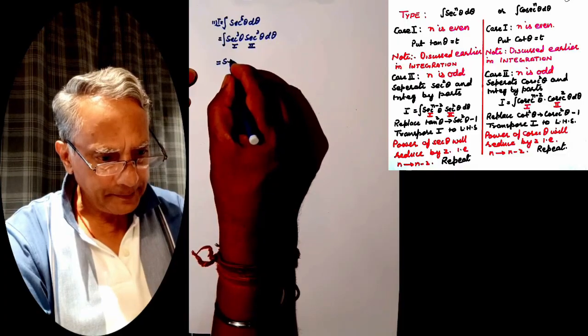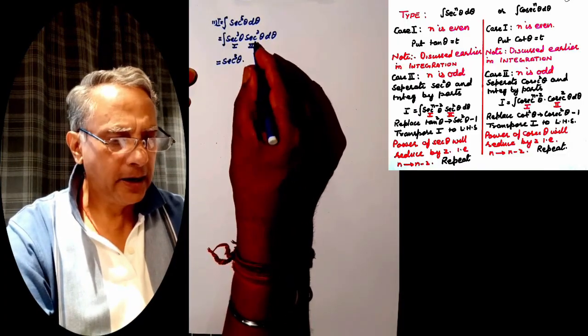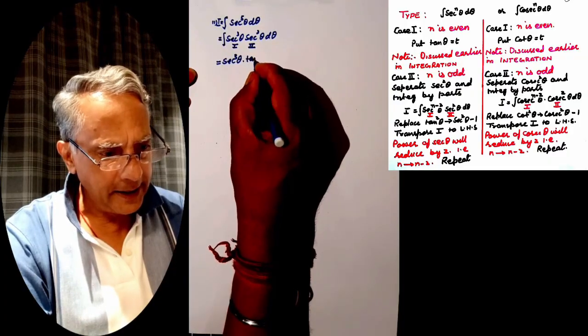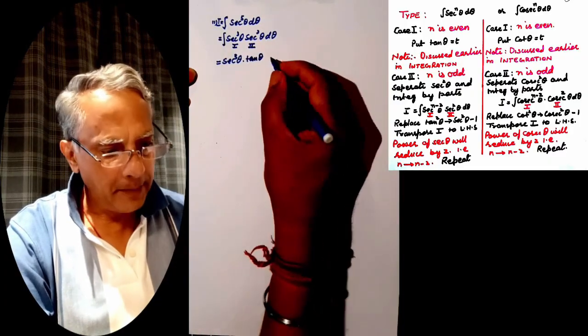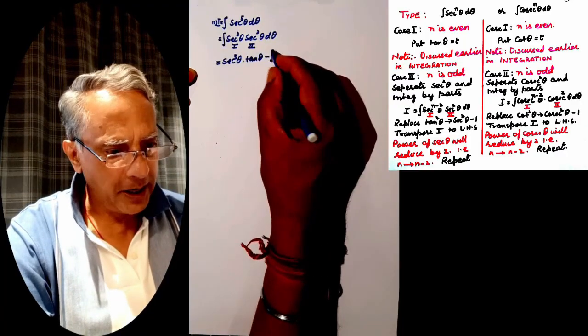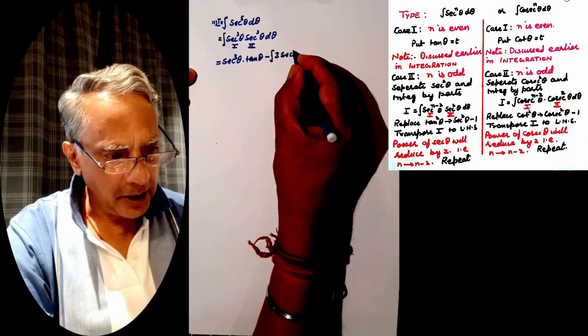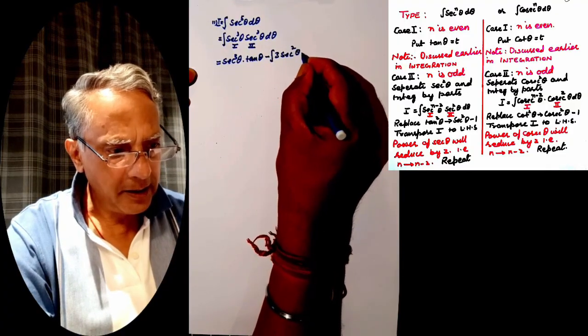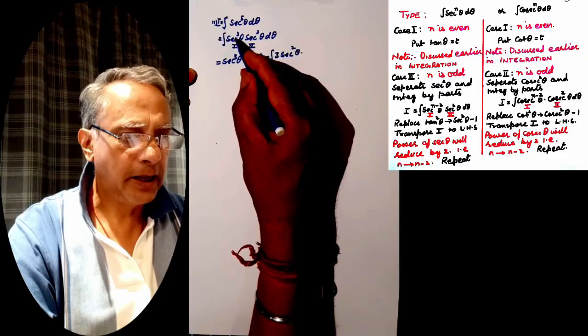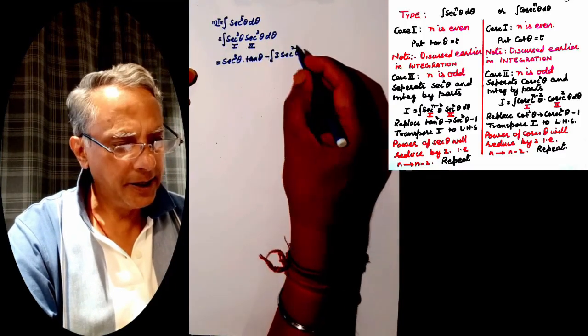So first function into integral of secant square theta is tangent theta, minus integral of differentiation of first function. Differentiation of secant cube theta is 3 secant 3 minus 1, that is secant square theta, into differentiation of inner function, that is differentiation of secant theta. Differentiation of secant theta is secant theta tangent theta.